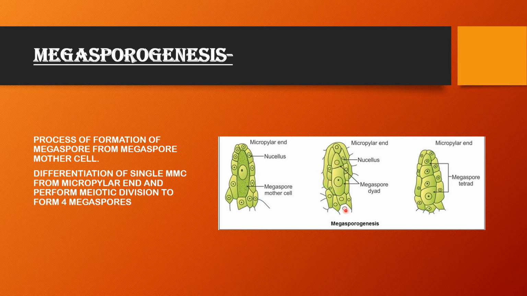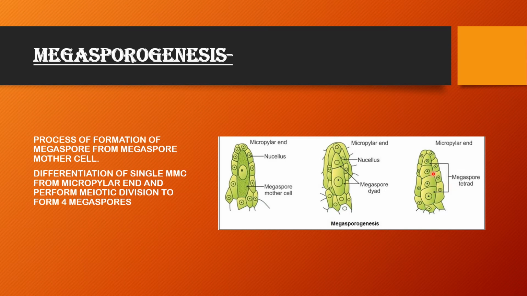After completion of the first phase of meiotic division, the megaspore mother cell forms a megaspore dyad, that means 2 cells, and when these complete the second phase of meiotic division, they turn into megaspore tetrads. That means a linear structure of all the 4 daughter cells, which is combinedly called megaspore tetrad.